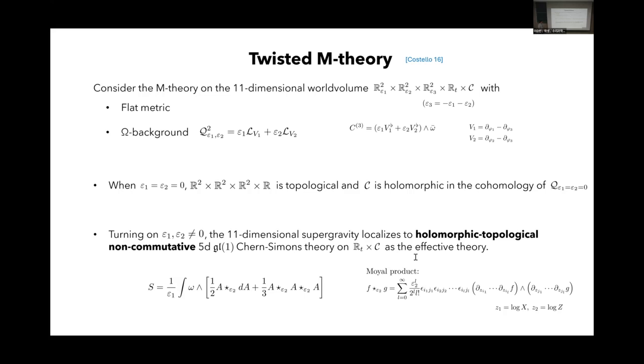So this Omega is used, where Omega is the holomorphic 2-form on the complex plane. Also there's a non-commutativity in the complex space, so the wedge products of the differential forms are deformed into Moyal products. The definition of the Moyal product is written on the right.